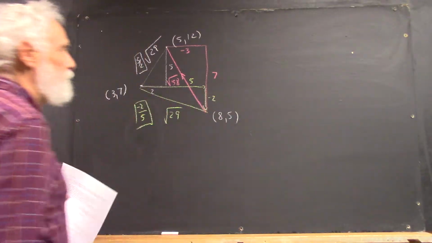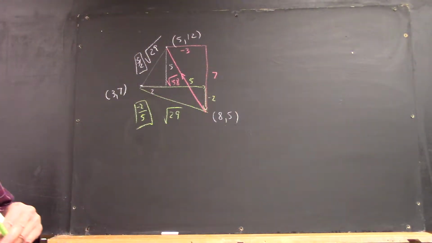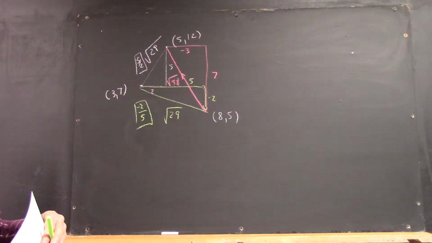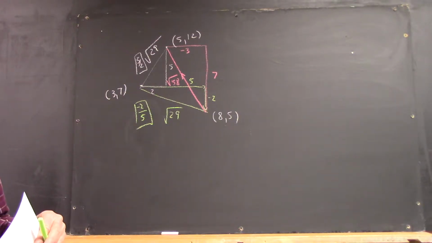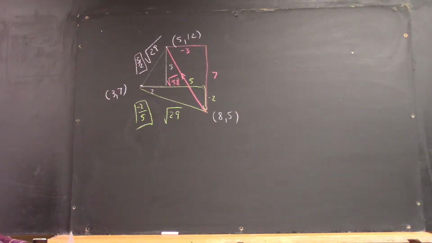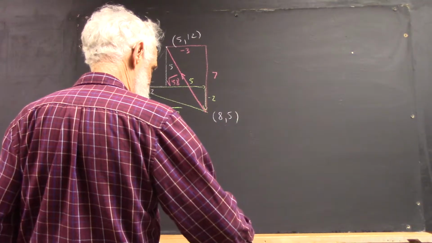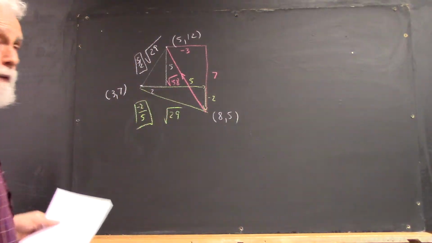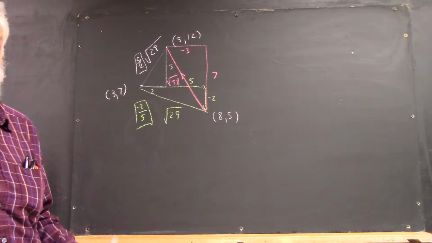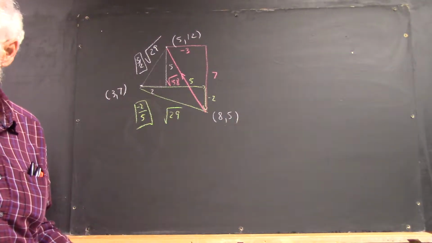And the slope isn't going to be important. I could write the slope down. I'm not sure I asked you to write the slope down. If I did, you should. Okay? But there it is. Okay, so there are 3 fundamental triangles. We can figure them out in just a couple of minutes, right?